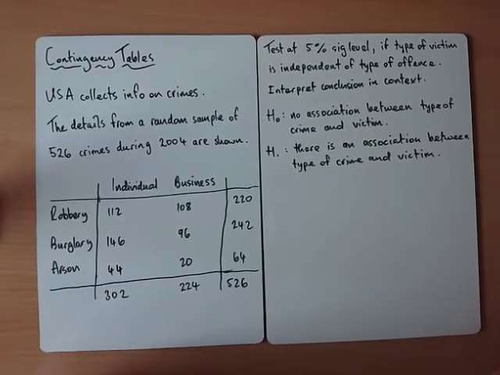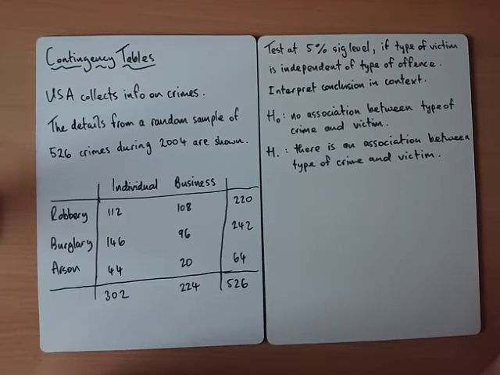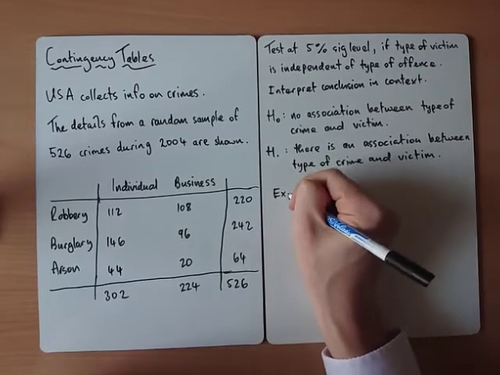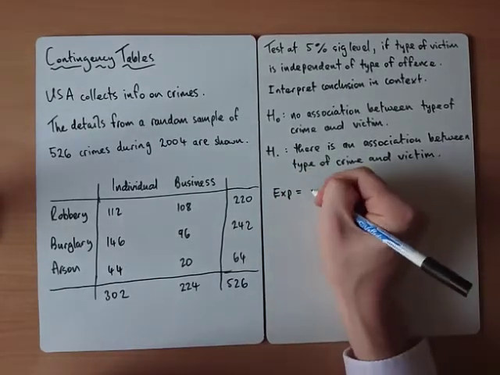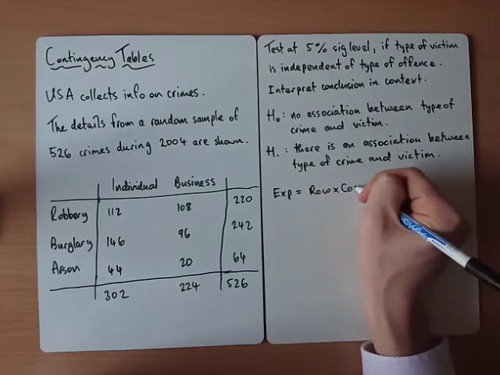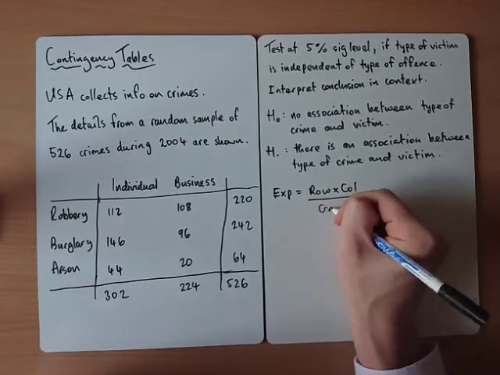That's the first mark. Okay, so what we're going to do now is we're going to calculate expected values. And the expected value is the row total times by column total divided by the grand total.